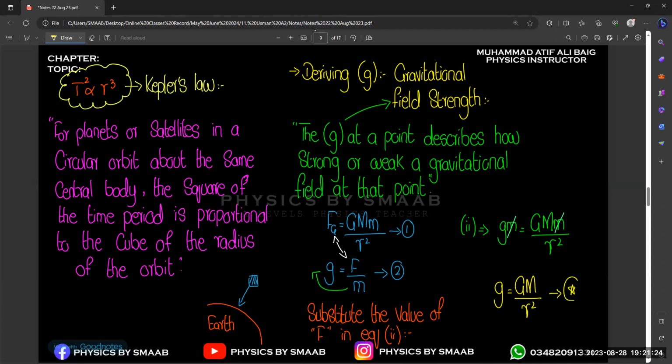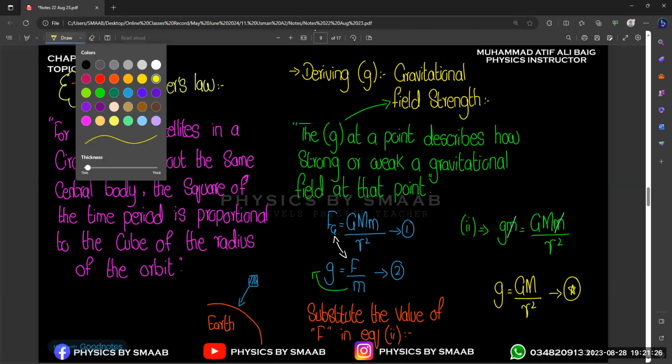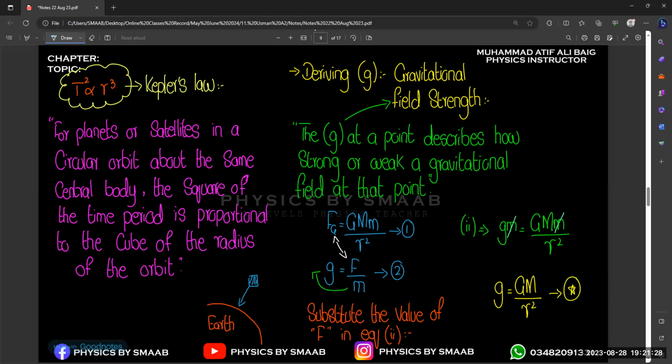So this is another important equation that we derived, related to gravitational field strength. One equation that we derived is known as the law of gravitation. The second concept we discussed is g equals F upon m. And this is the third, the gravitational field strength concept, which equals GM over r square, right?